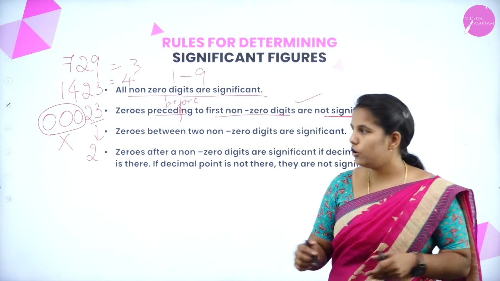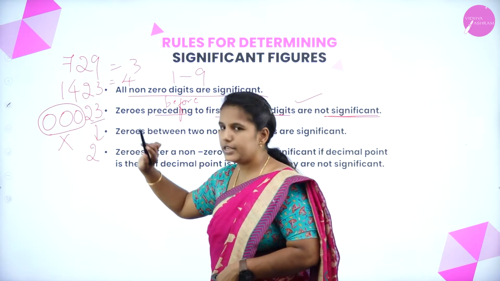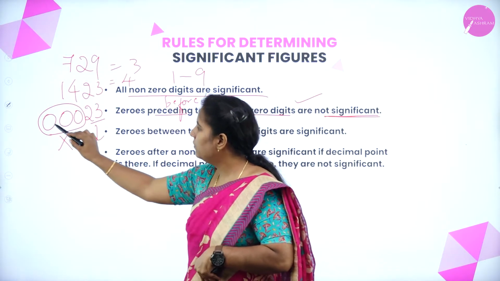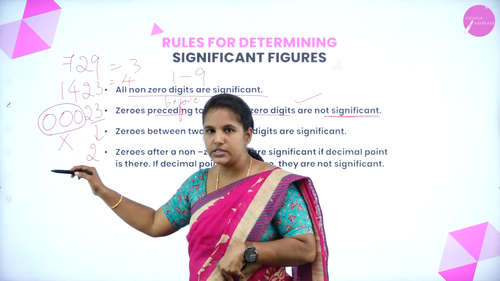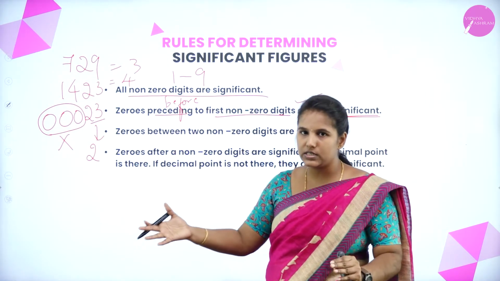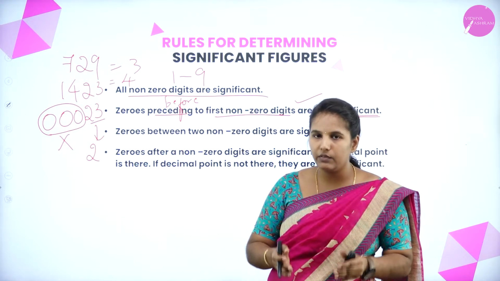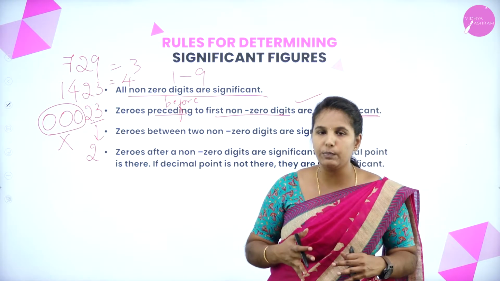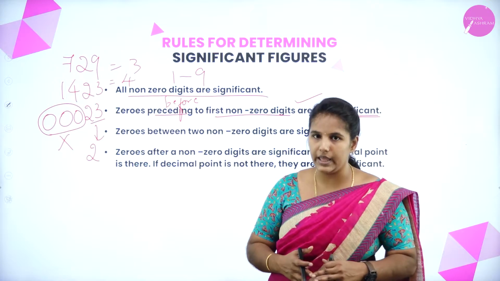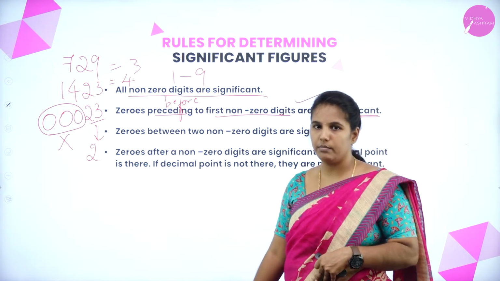Okay. 0 before the non-zero digits is not significant, which means we should not consider those zeros. We have to neglect them. Whatever the digits are after that, we have to consider and report how many significant figures are there in that particular number.